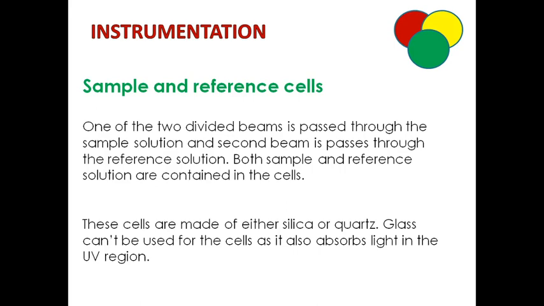The sample cell is the part for holding a solvent molecule with the compound, that is solute plus solvent, and the reference cell is made particularly for the solvent, that is pure solvent.